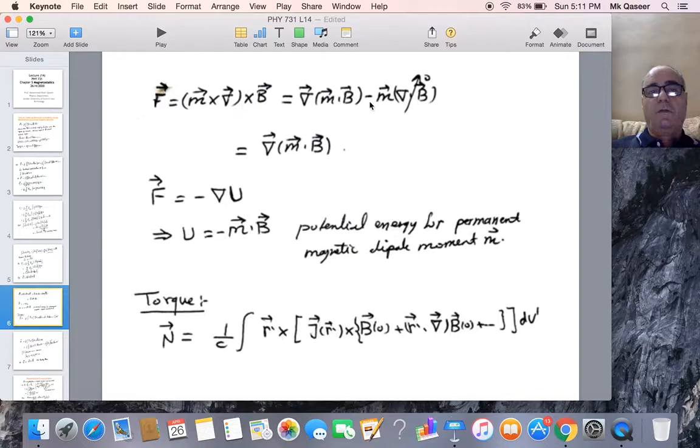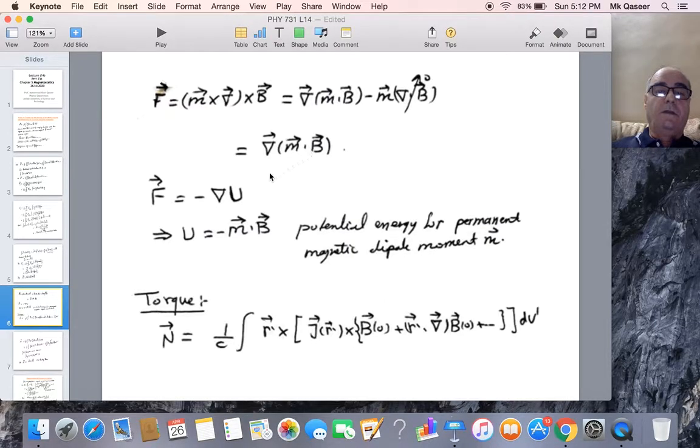To get this form, again you can take the ith component of this. In this case you have a double cross product, you get a double epsilon sharing one index, and then you can convert them into Kronecker delta. Once you do that, you get this expression directly. So the force is given by the gradient of m dot B.